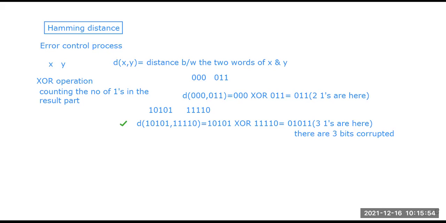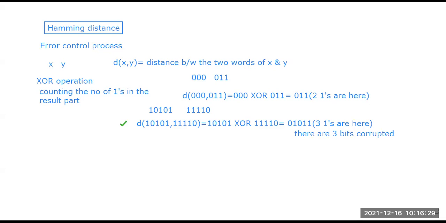So what actually happens in this linear block code? We apply an XOR operation on two valid code words, the code words that are sent and received.